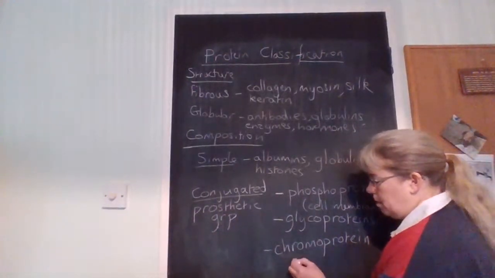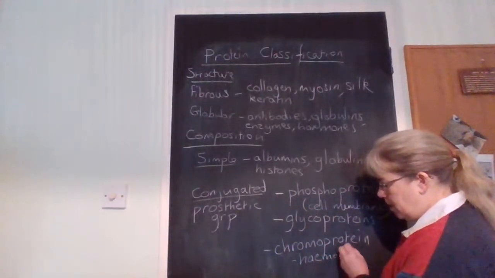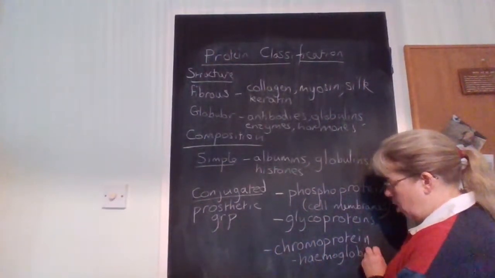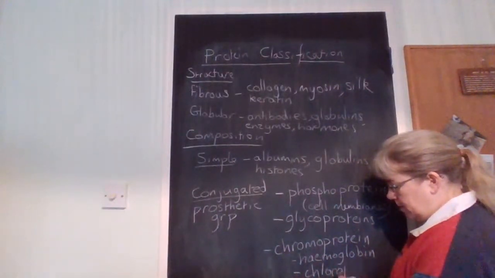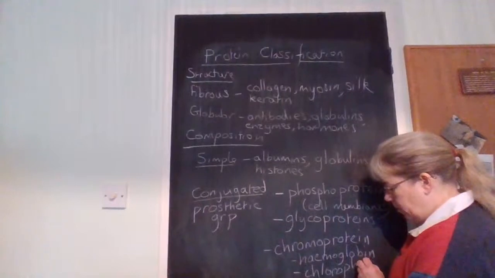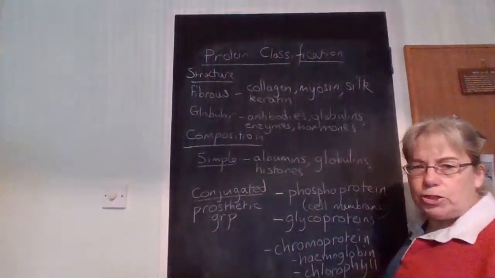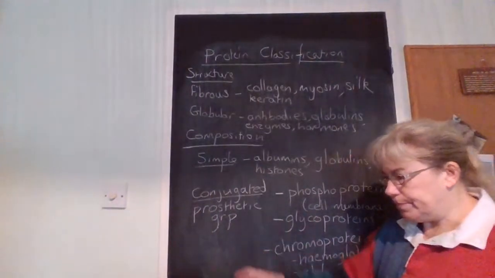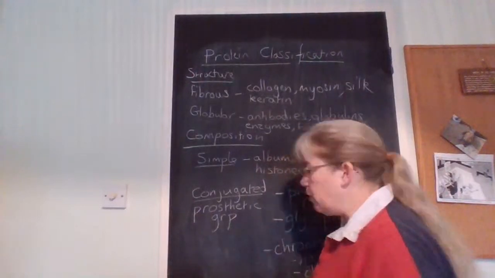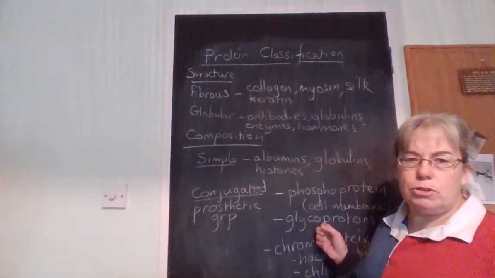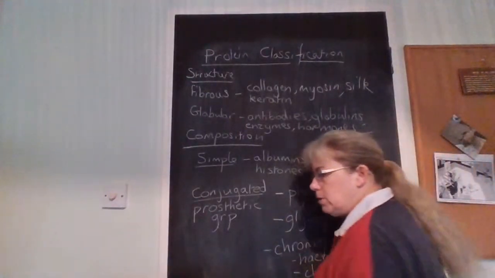That would be something like hemoglobin, where the iron gives it the colour, or chlorophyll. They're quite important. Chromoproteins are also involved in respiration. Glycoproteins are also found in your saliva, mucin, so that's another place where they're found.